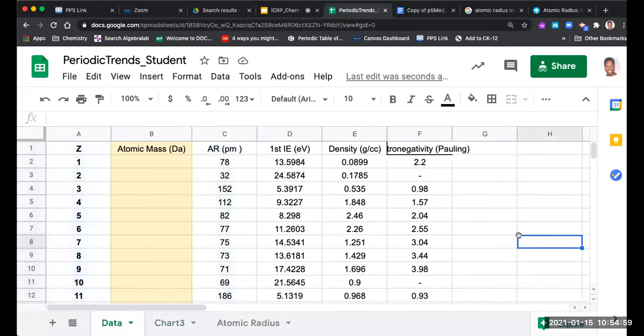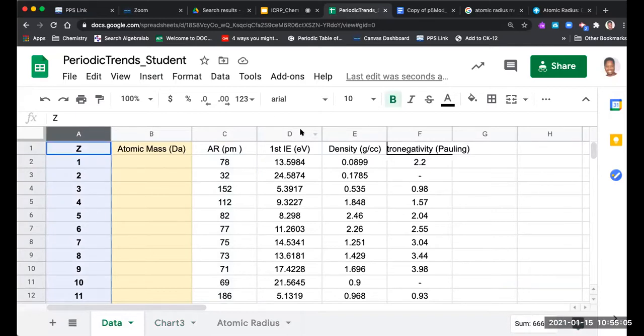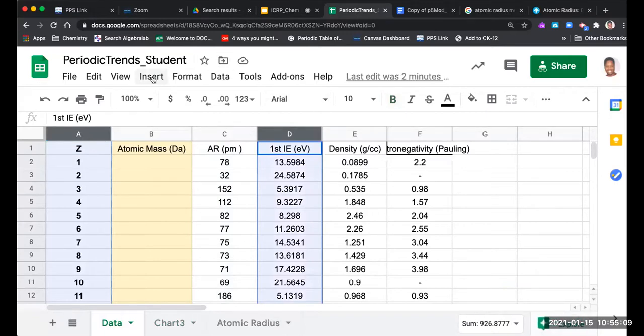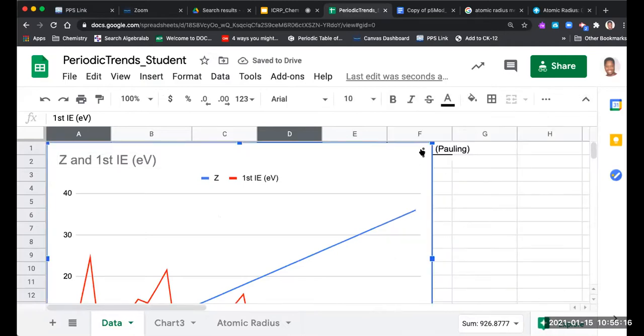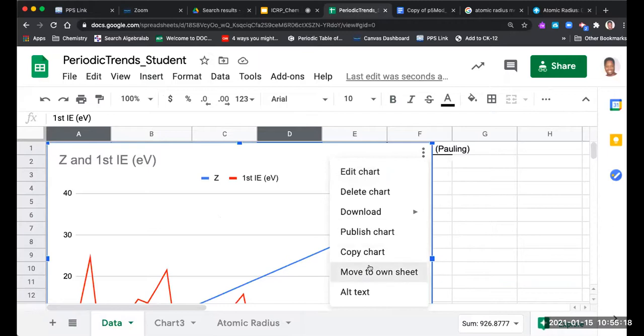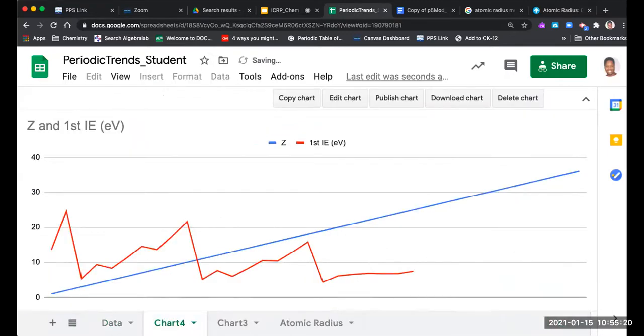I will show you one more. So you click the A. Now I'm going to select D. So I have 2 columns selected. Insert chart. Wait, should we do that? Select A and D. Yes. Okay.